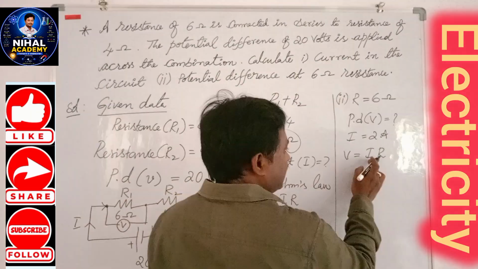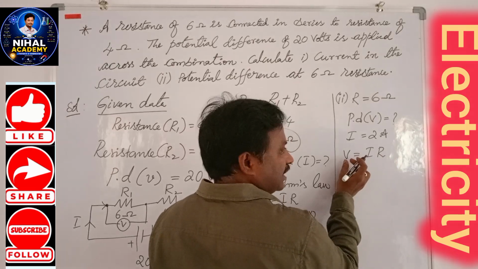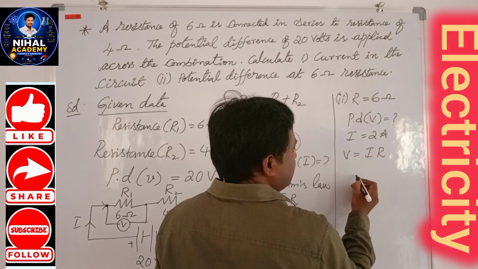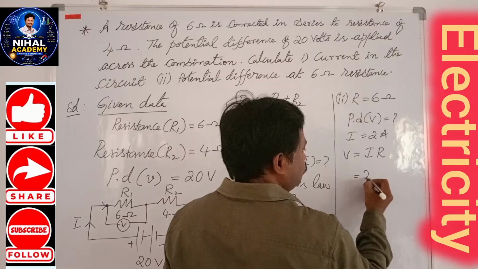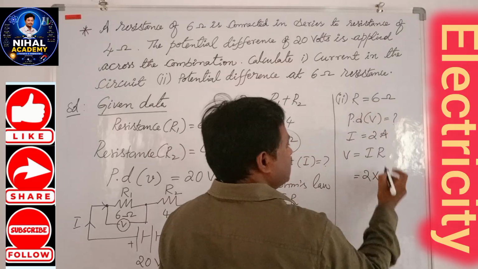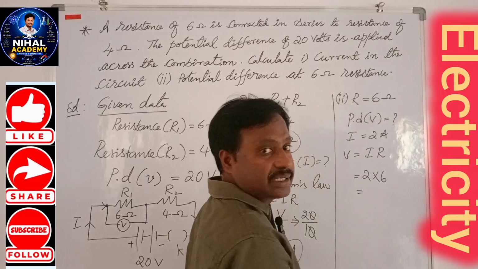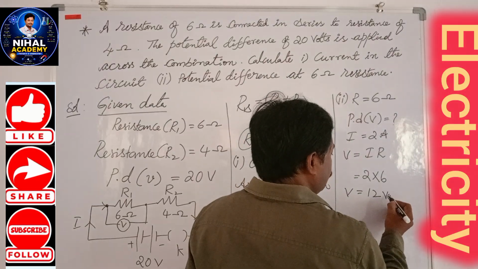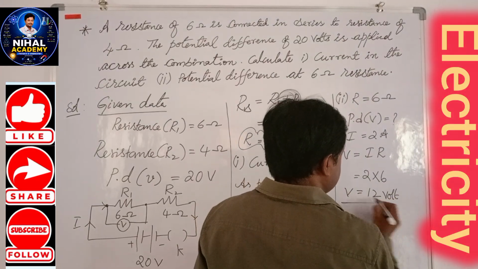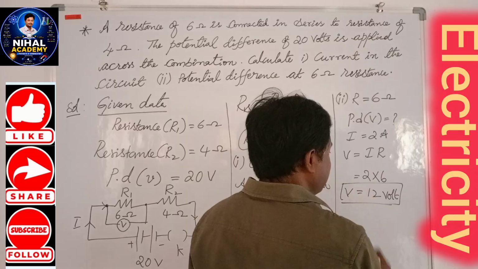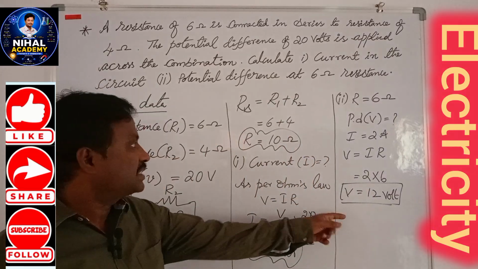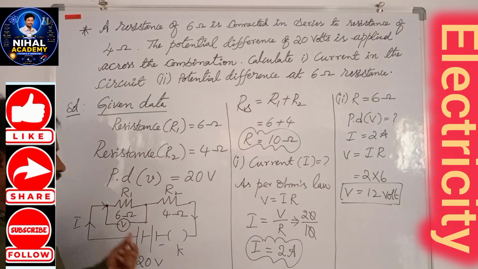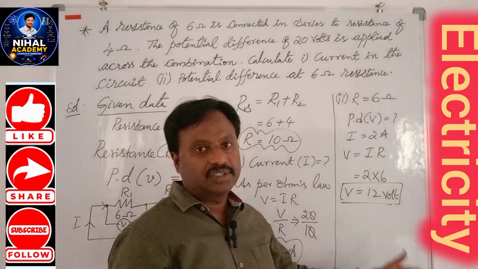From this we can write V is equal to IR. So I is equal to 2 into R, which is equal to 6. So 2 sixes are 12. So V is equal to 12 volt potential difference. So this is the potential difference at 6 ohm. It is equal to 12 volt.